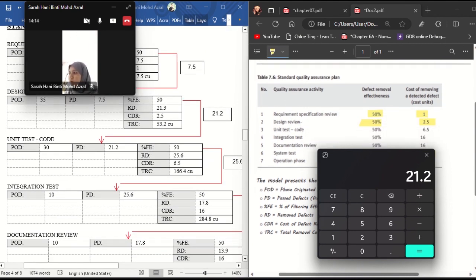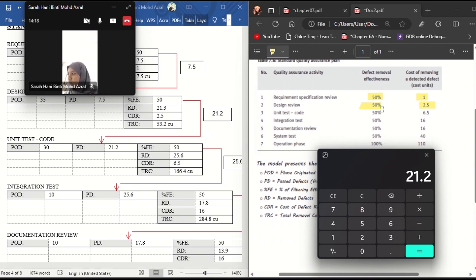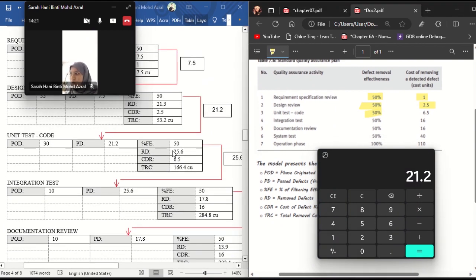And the filtering effectiveness given is 50%, the same. So how do we get the RD? We add it with the POD. You'll get 51.2, then we multiply it by half.